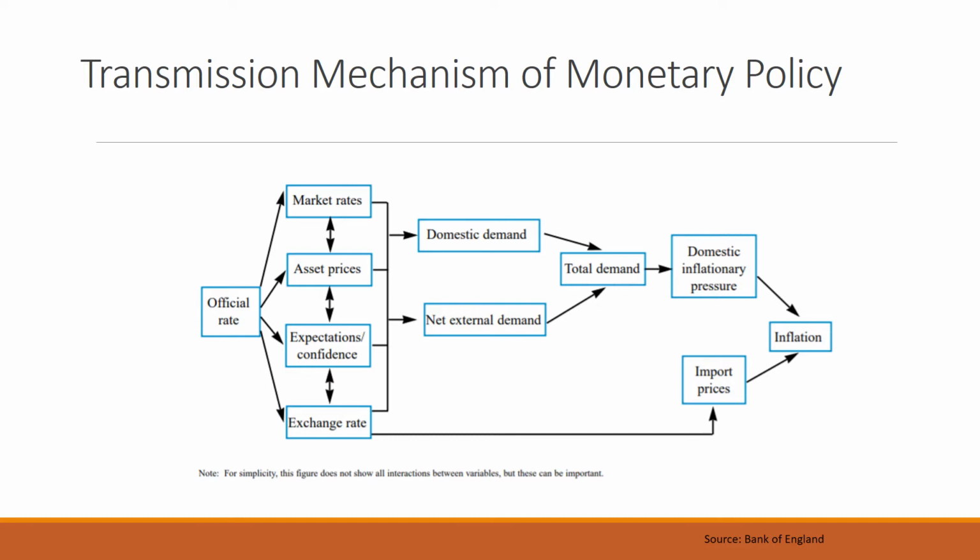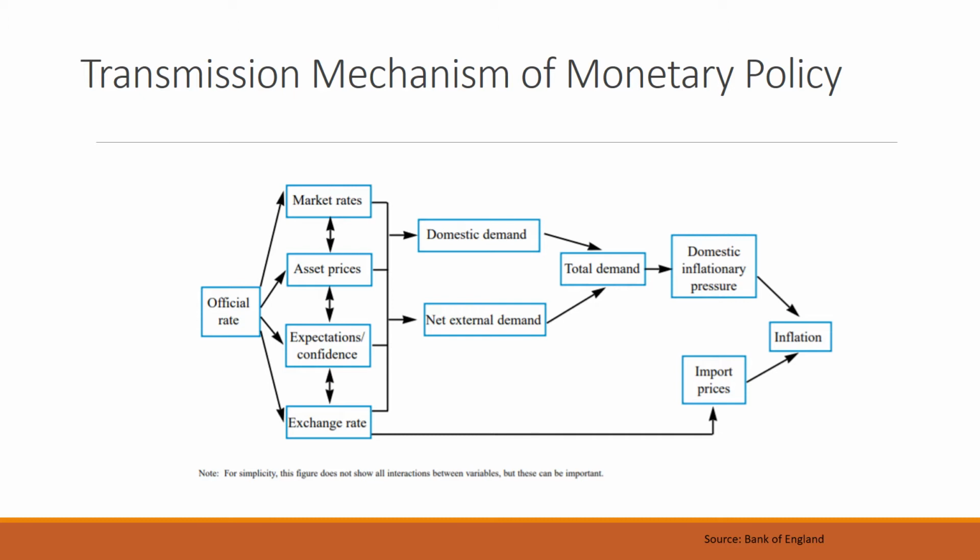It will also affect investor and consumer expectations or confidence, and it will also affect exchange rates. All this will then affect domestic demand and net external demand, which will then affect total demand, or what we know as aggregate demand. This will then change domestic inflationary pressures and import prices, which will all lead to a change in inflation.